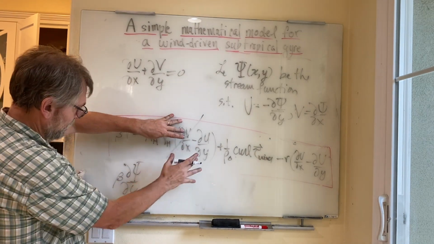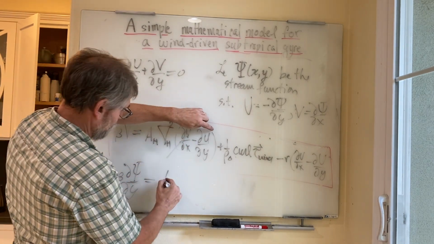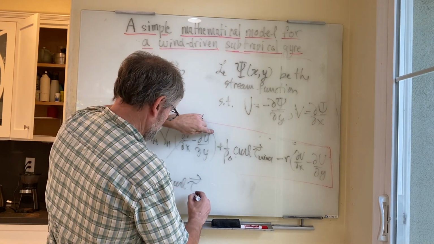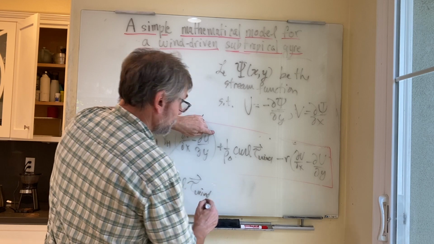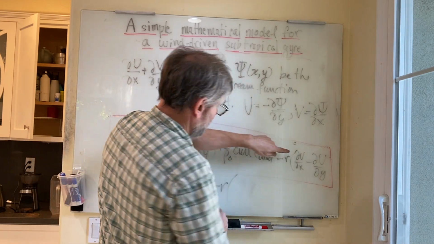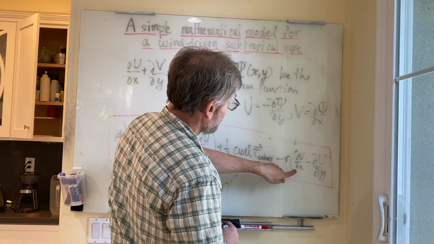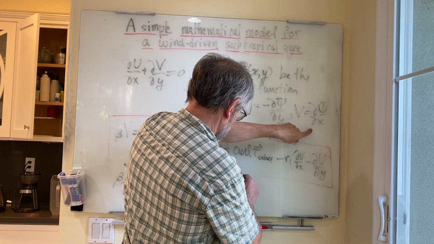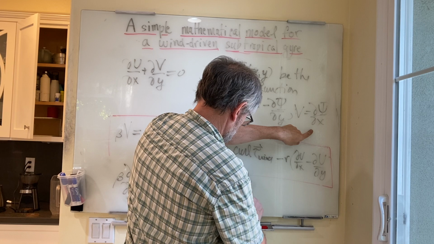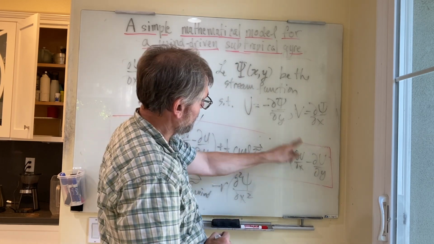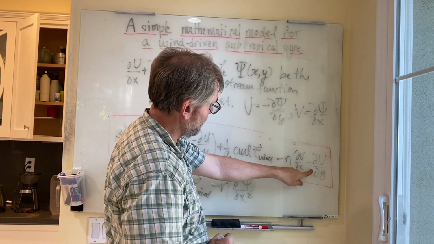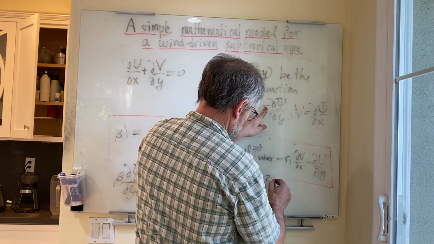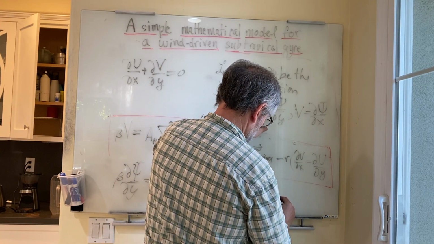This term we're pretending is small, is equal to 1 over rho naught curl of tau for the wind, minus r. And if I do dv/dx, that's going to be the second derivative of psi with respect to x, so this is ∂²ψ/∂x². And then the ∂/∂y derivative of the other one becomes a plus ∂²ψ/∂y².